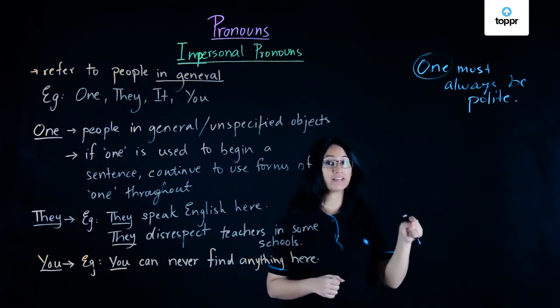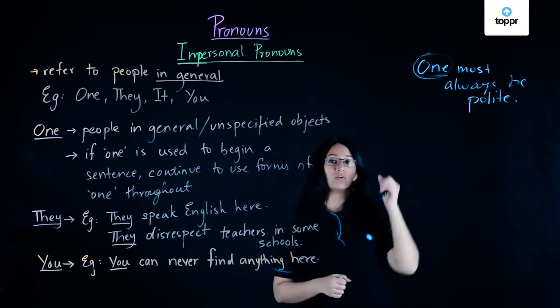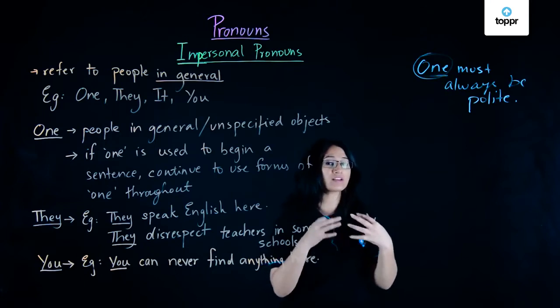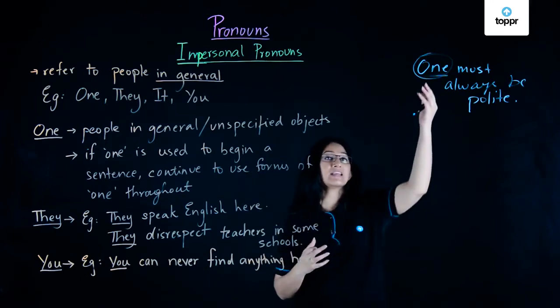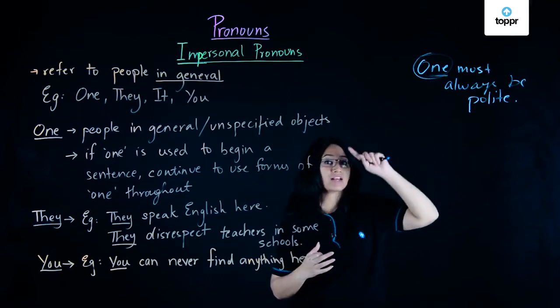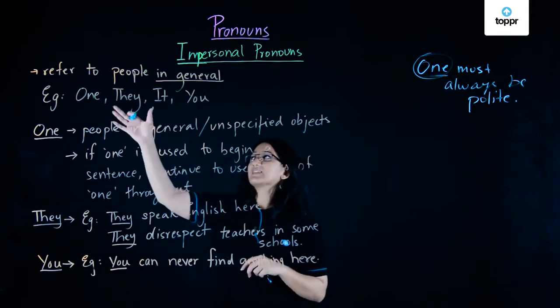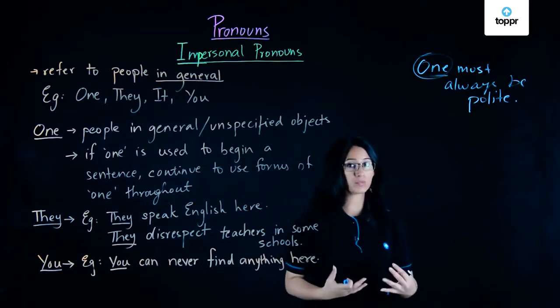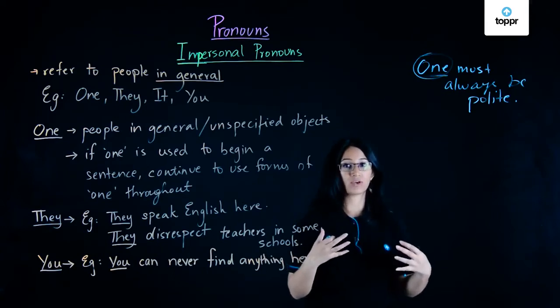I am not pointing at one particular person or thing with this pronoun. Instead, the word one here is referring to people in general. Hence, it is an impersonal pronoun and not referring to a single person. Similarly, words like they, it, and you can also be used in a more general or unspecific way as impersonal pronouns.